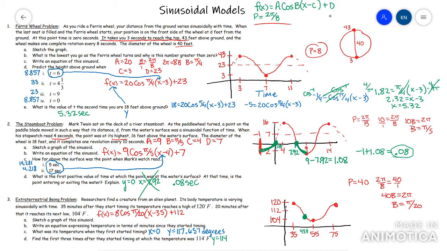Now, my graph is a little misleading, so I'm going to fix it just a little bit. I need more space. The reason I redrew this is because there's still more sections of line over here.